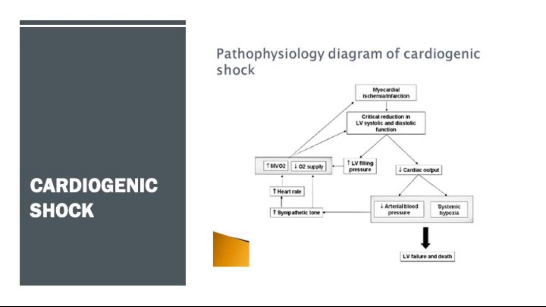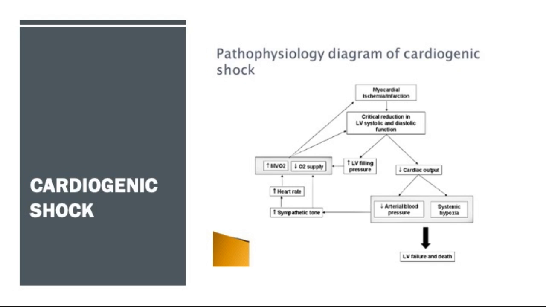The next shock process is cardiogenic shock, and this is just pump failure. Your heart cannot pump the blood to the pressure it needs to perfuse your tissues. So here is a diagram where you see that the heart can't put out as much blood volume or pressure as needed, which decreases the cardiac output and decreases your pressure, which starts that downward spiral where the tissues say, hey, I need more pressure here.